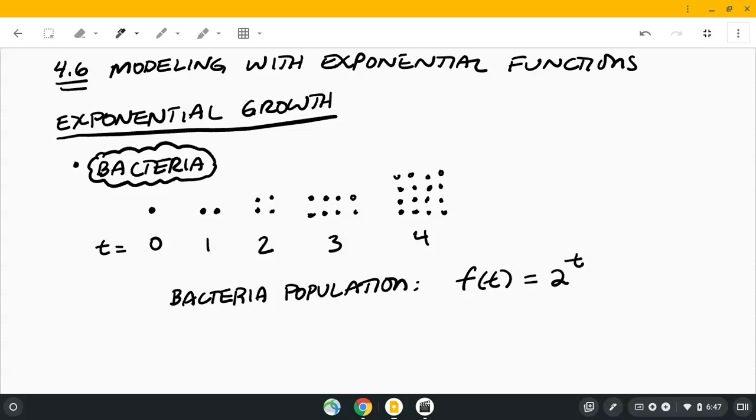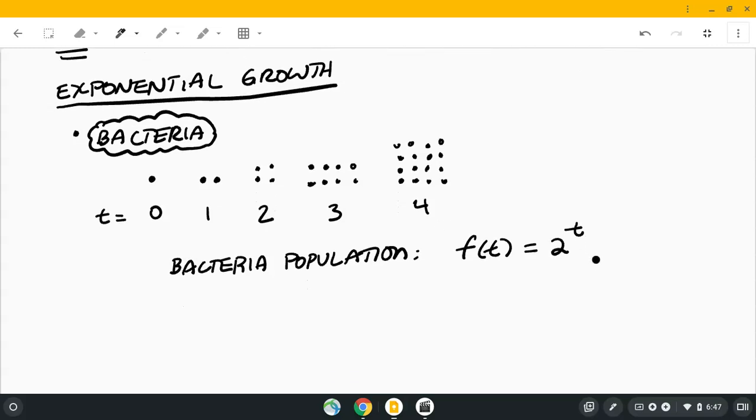When I plug in 0, 2 to the 0 is 1. If I plug in 1, 2 to the first is 2. When I plug in 2, 2 squared is 4. Then 3, 4, 5. So I can actually figure out how much bacteria there will be after, say, 24 hours. You can just use this function to make that prediction.